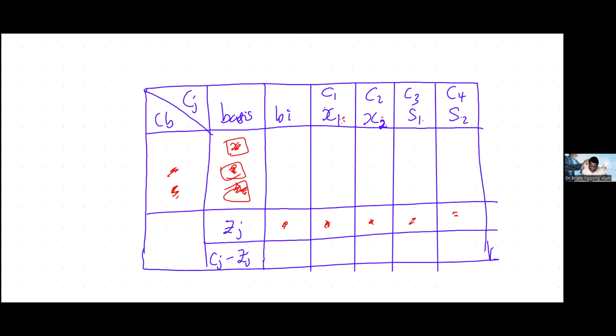So let's clean our Tableau, all right. And now let me use black and let's fill the Tableau. So usually, this is how to fill the Tableau.